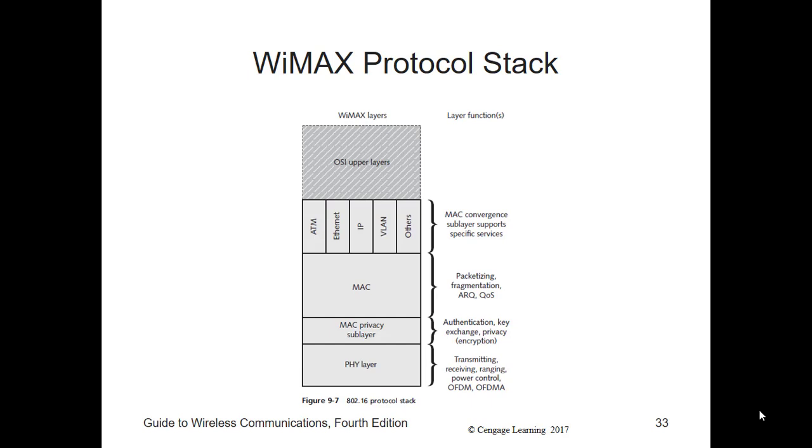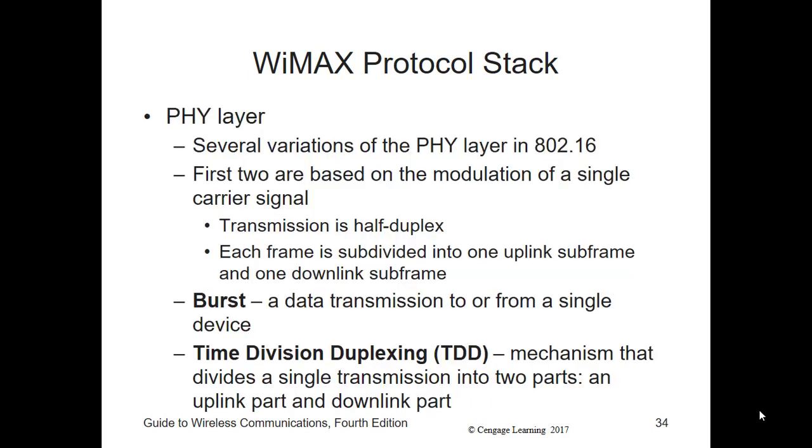In the PHY layer, there are several variations of the layer in 802.16, determining which variation to use for a particular implementation. That'll depend on the frequency range and whether it's point-to-point or point-to-multipoint. The first two are based on modulation of a single carrier signal.